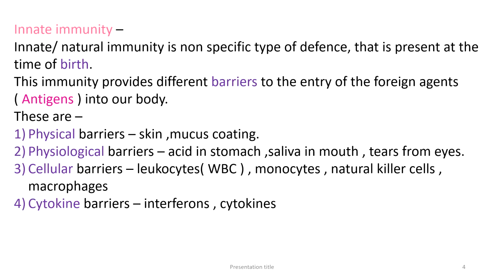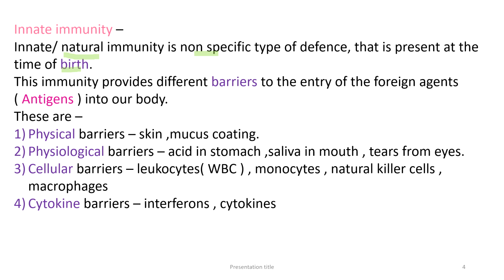Innate immunity is the God-gifted natural mechanism to every living organism. This immunity is also called natural immunity. This is a non-specific type of defense that is present at the time of birth. As I said, it is non-specific.